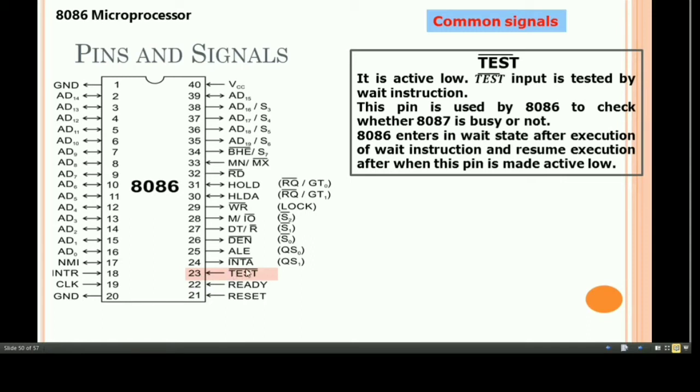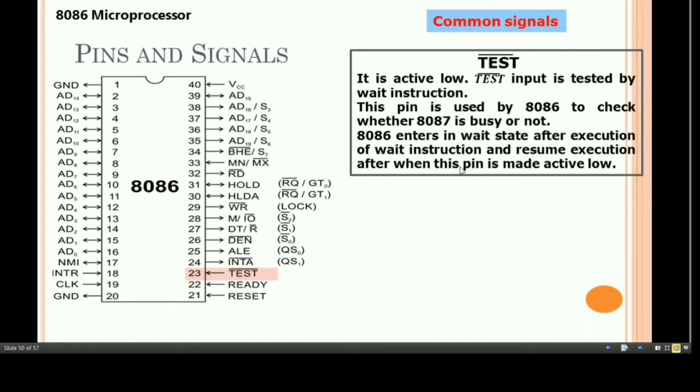This is indicated by this bar over this test. So this test bar input is tested by the wait instruction. This pin is used by 8086 to check whether 8087 is busy or not, means to check the status of 8087.